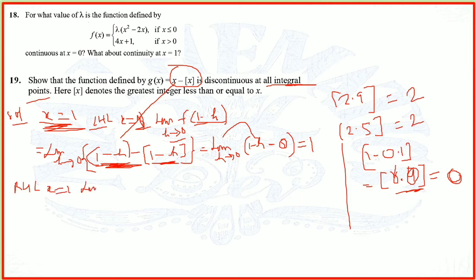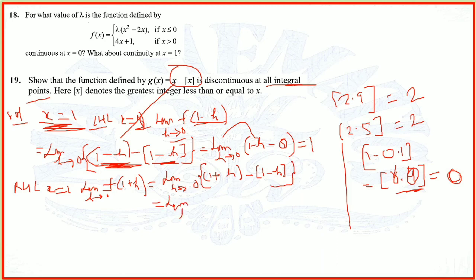So again limit h tends to 0, f of 1 plus h, which is equal to limit h tends to 0, this again x minus greatest integer function x, where x is 1 plus h, minus greatest integer function 1 plus h, which is equal to limit h tends to 0, 1 plus h, and then minus greatest integer function 1 plus h.